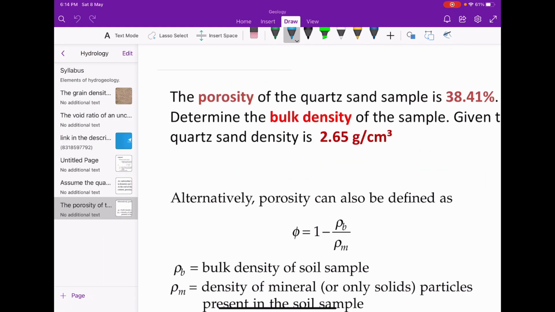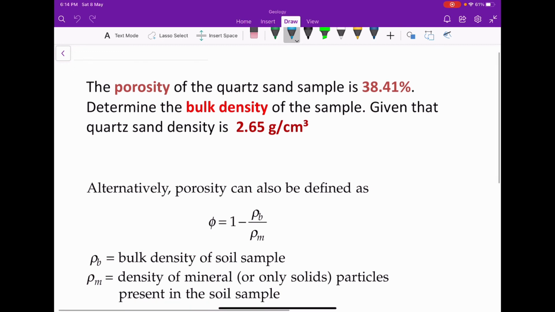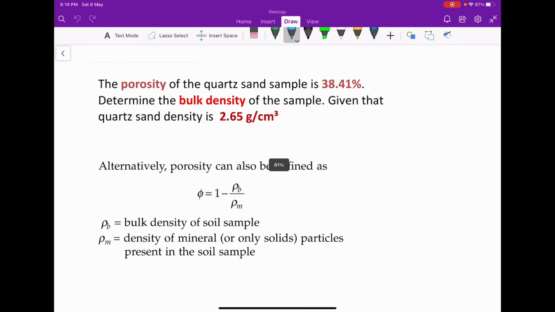Now the next problem: the porosity of the quartz sand sample is 38.41%. Determine the bulk density of the sample, given that quartz sand density is 2.65 gram per centimeter cube.